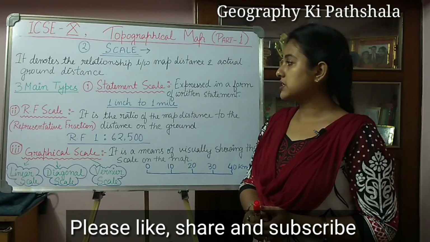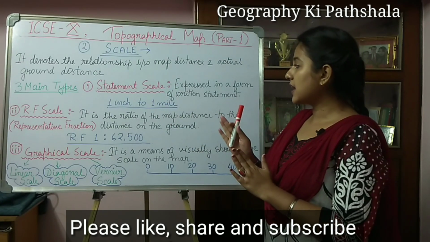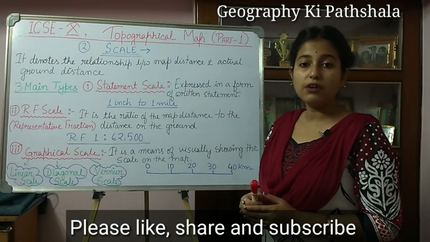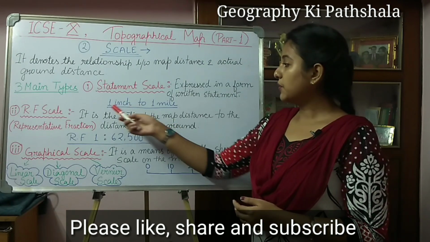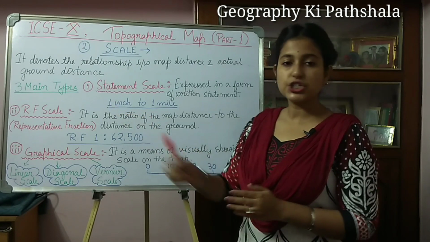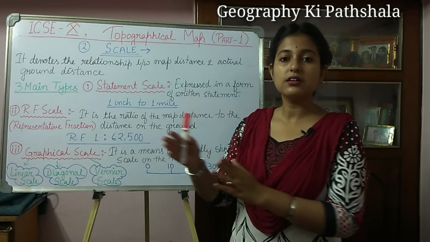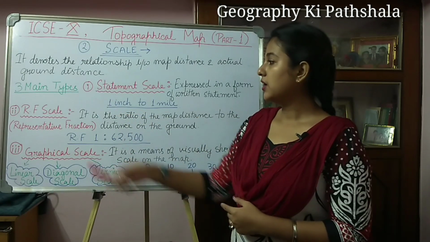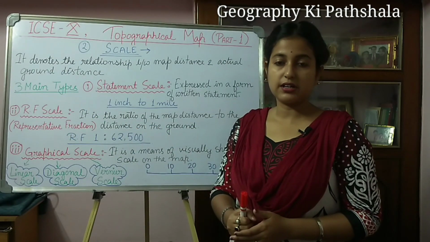The first one, which is statement scale, is expressed in the form of a written statement. Suppose like 1 inch to 1 mile, meaning 1 inch on the map represents 1 mile on the ground. Next comes the RF scale.